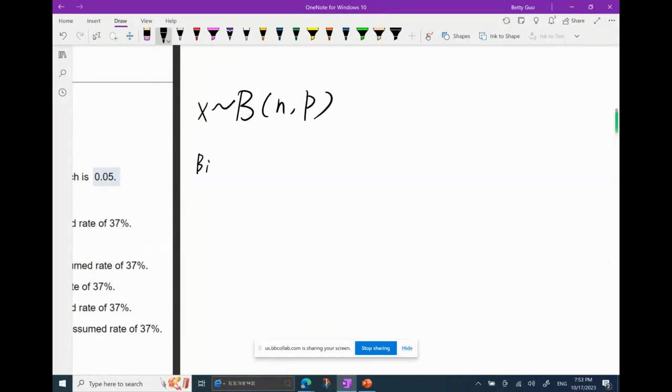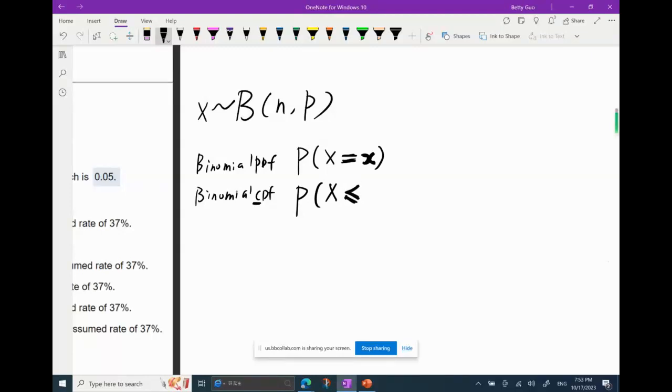You use binomial PDF to find the probability exactly equal to a value, for example when you're looking for the probability that the number of successes is exactly 10. The other function is CDF, where C is cumulative. It finds the probability that the number of successes is at the most, very important, less than or equal to a value.